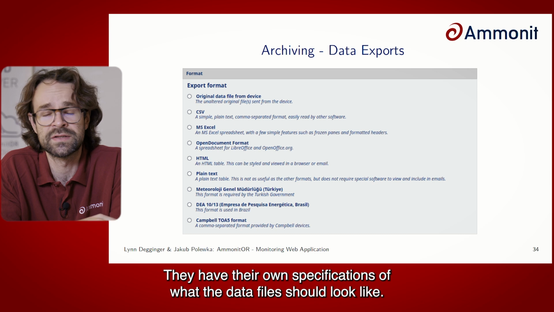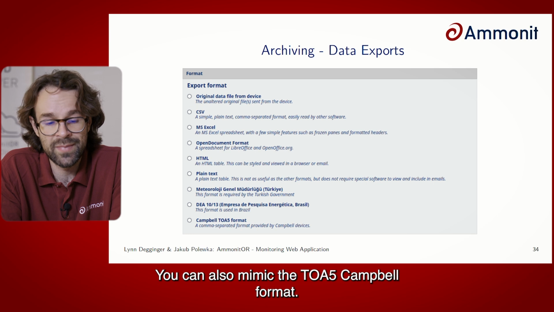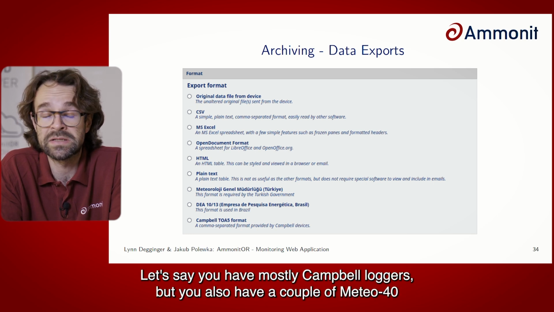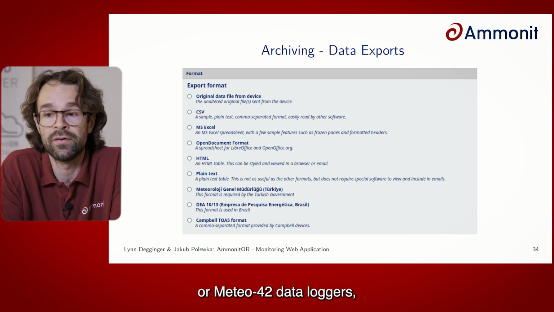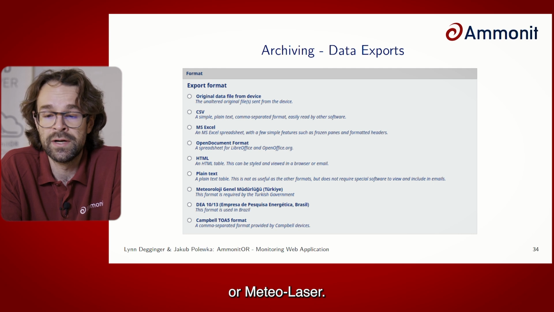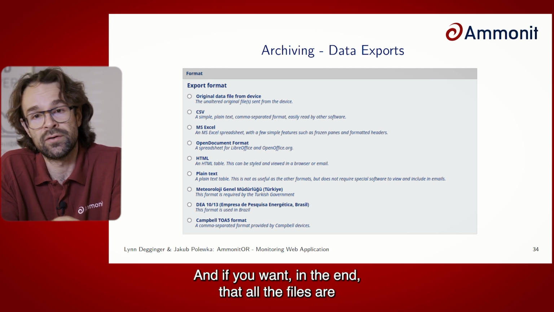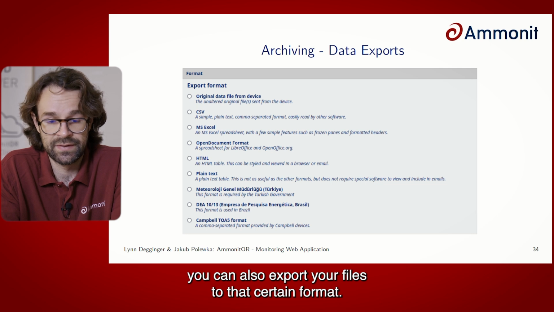They have their own specifications how the data files should look like. We also export in these formats. You can also mimic the TOA5 Campbell format. Let's say you have mostly Campbell loggers, but you also have a couple Media 40 or 42 loggers or Media Laser. And you want in the end that all the files are in this Campbell format. You can also export your files to that certain format.